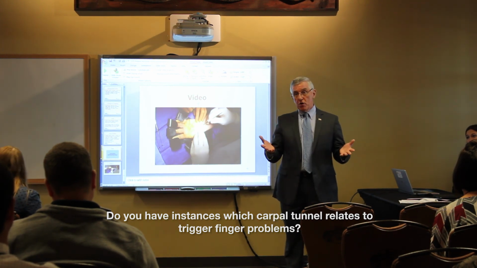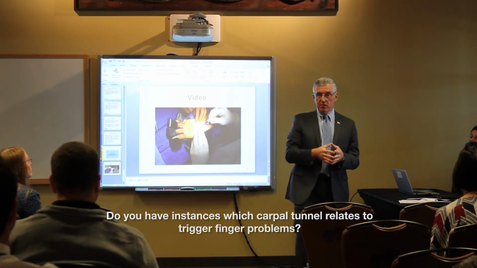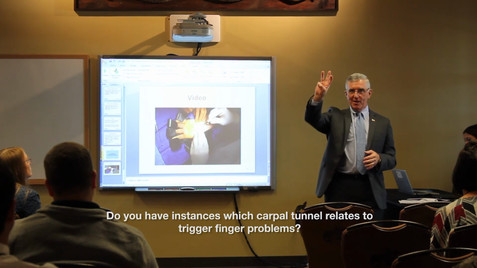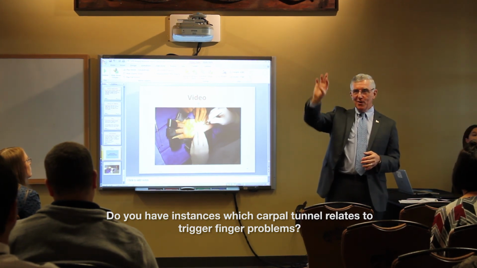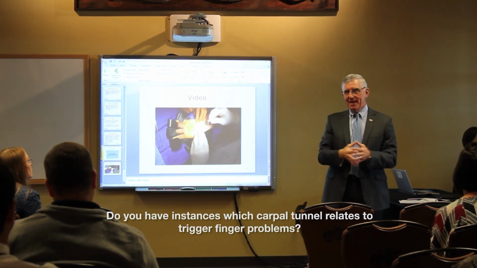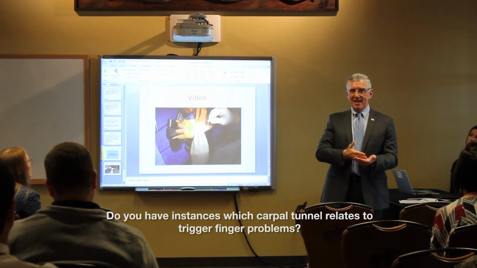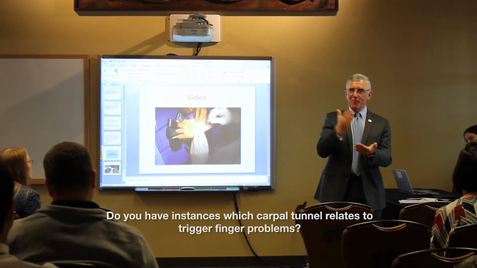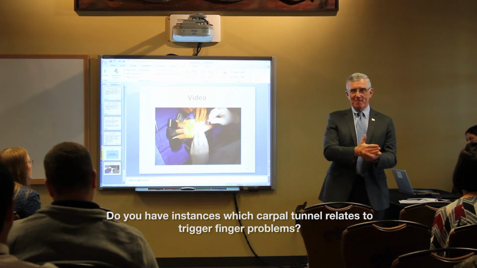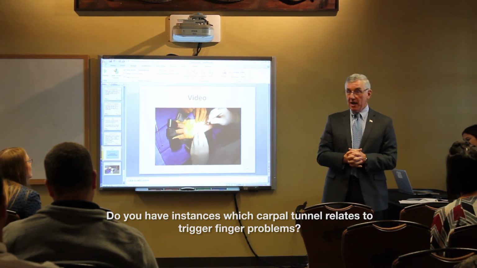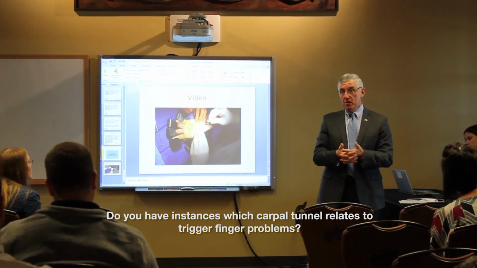I do see people with carpal tunnel and trigger fingers, and it's interesting, they're usually in the index, long, and ring fingers. So I think yes, but to say definitively in a court of law that it's 51% certainty that it's due to that, I don't want to go down that trail because I don't know. But we do see it.